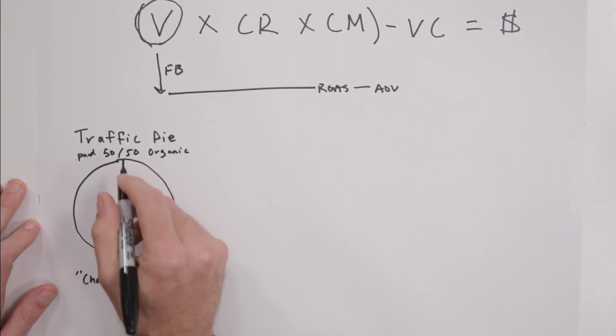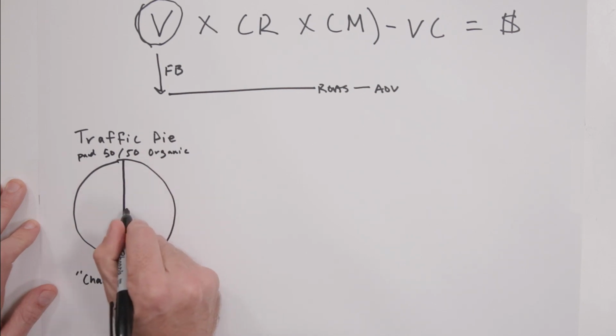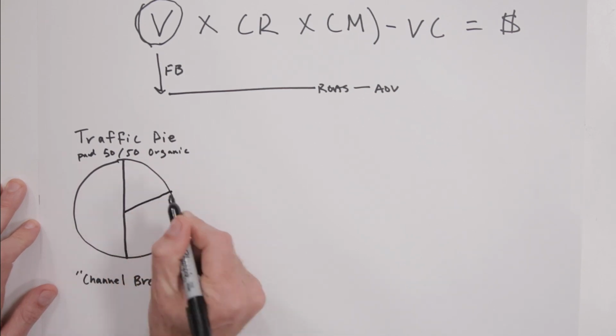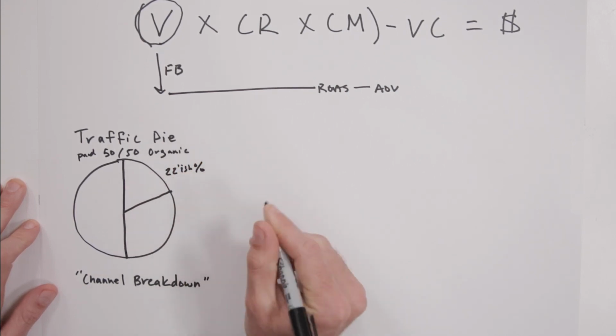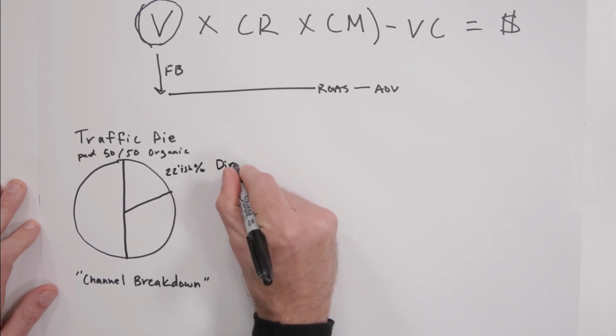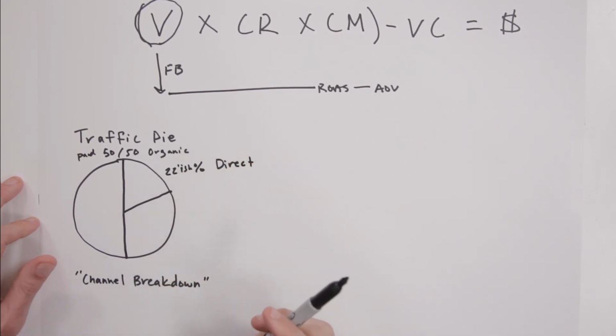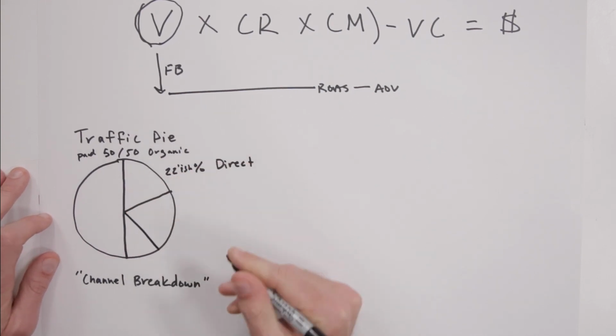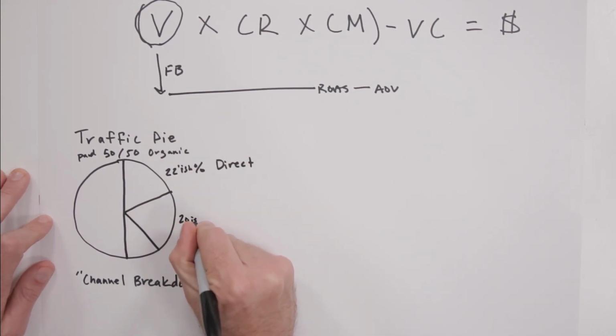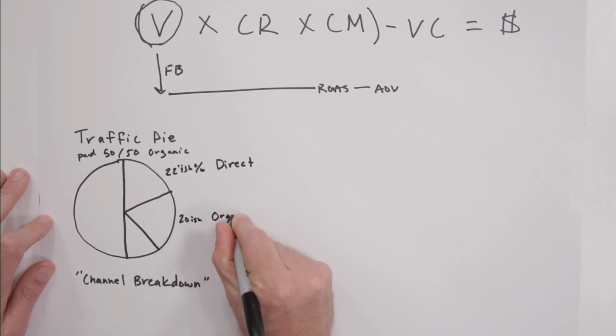25% of your overall traffic, or 50% of your revenue, is going to be coming from, we'll actually call it about 22-ish percent, you want coming from direct traffic. These are people that are putting your website directly into their browser. Another 20-ish percent should be coming from organic search.